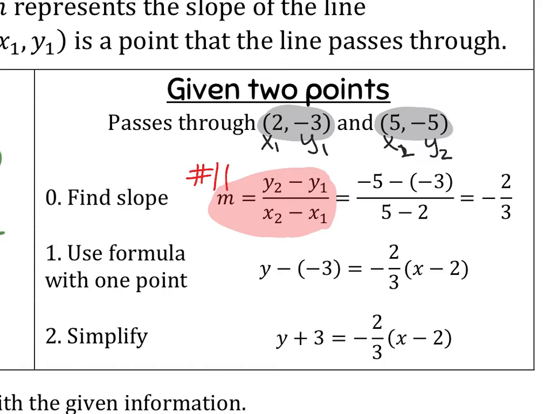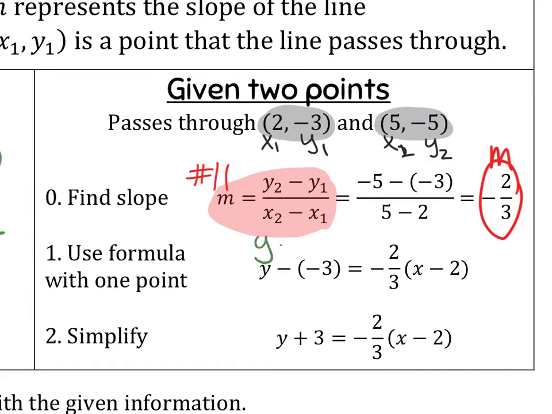Literally fill it in and we get our slope, right? Whatever the slope is, that becomes my m. And I've already labeled everything. Because if you notice, now I have a slope and a point.